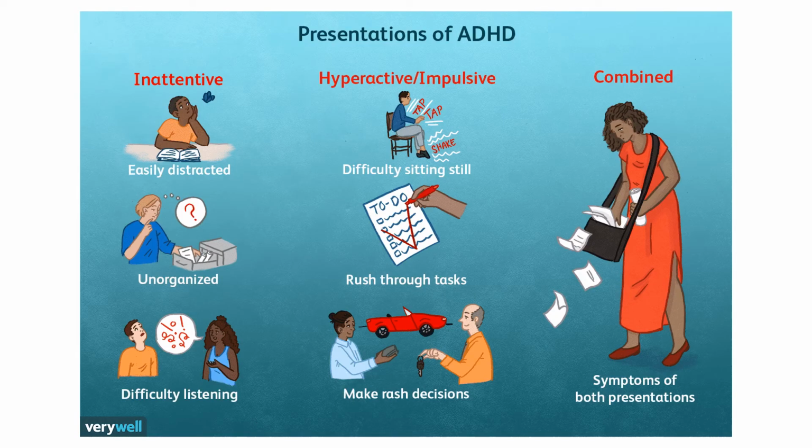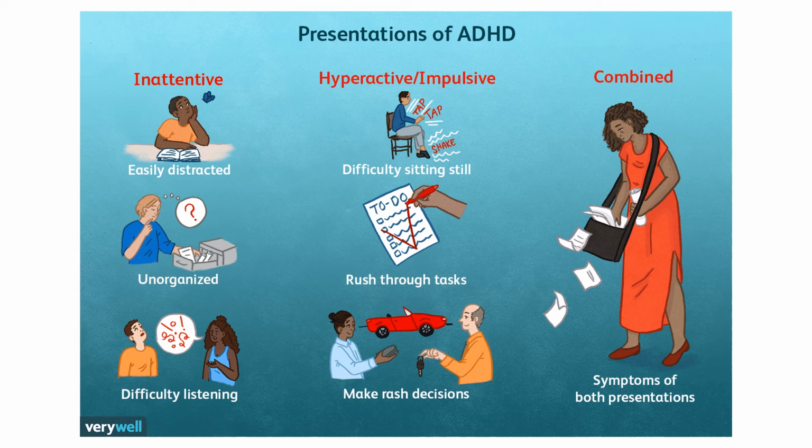Okay, so here's just some presentations and symptoms of attention deficit hyperactive disorder. The inattentive aspect of it, easily distracted, unorganized, very difficult to maintain the ability to listen. The hyperactive, they don't always have to be hyperactive, which can make this hard to diagnose sometimes.